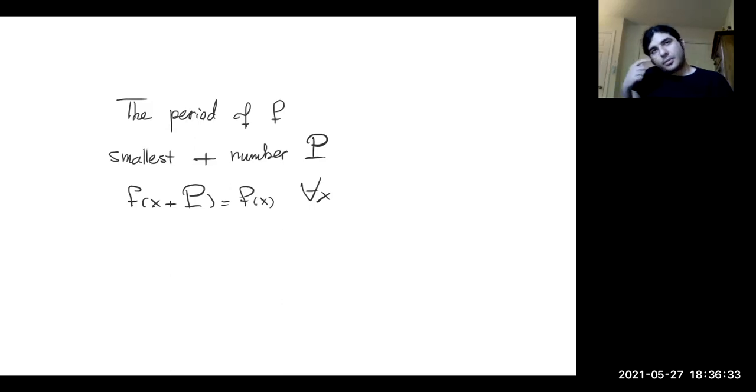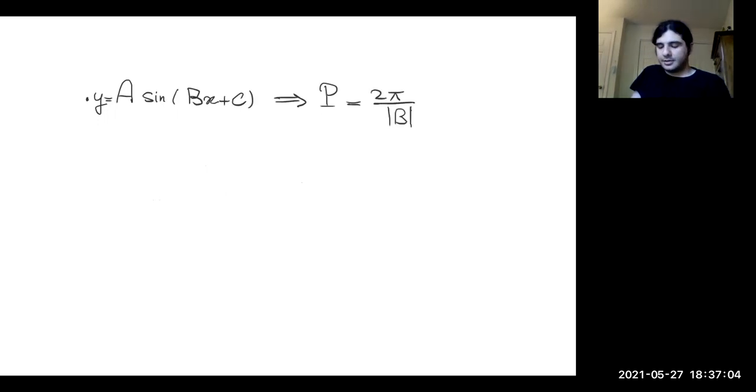The most well-known examples of these functions are, of course, sine, cosine and tangent, the trigonometric functions. So I would just remind you, if we look at the function y equals a sine of bx plus c, the period of this function is equal to 2 pi over the absolute value of b.